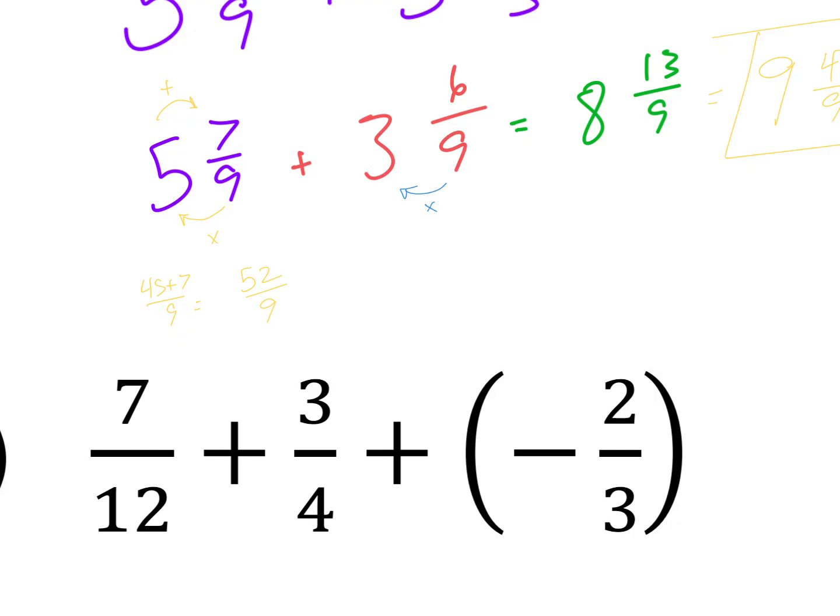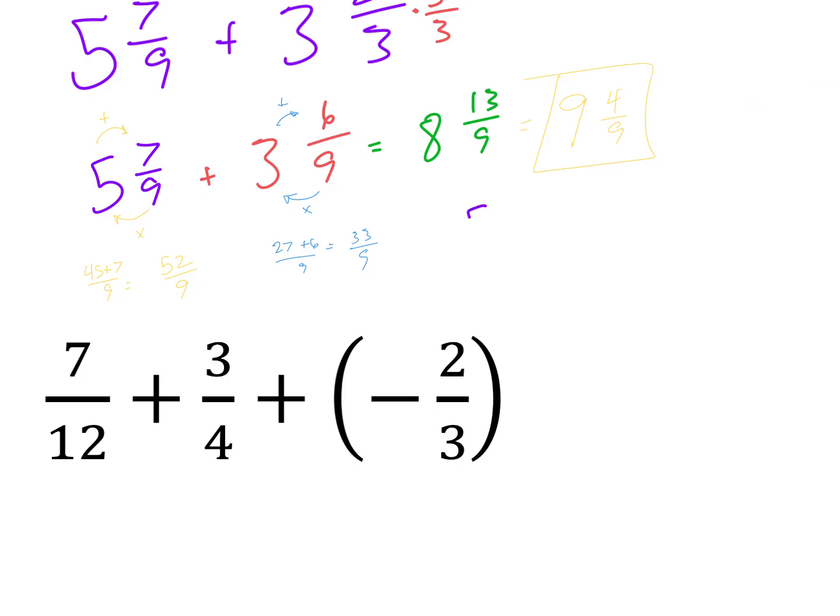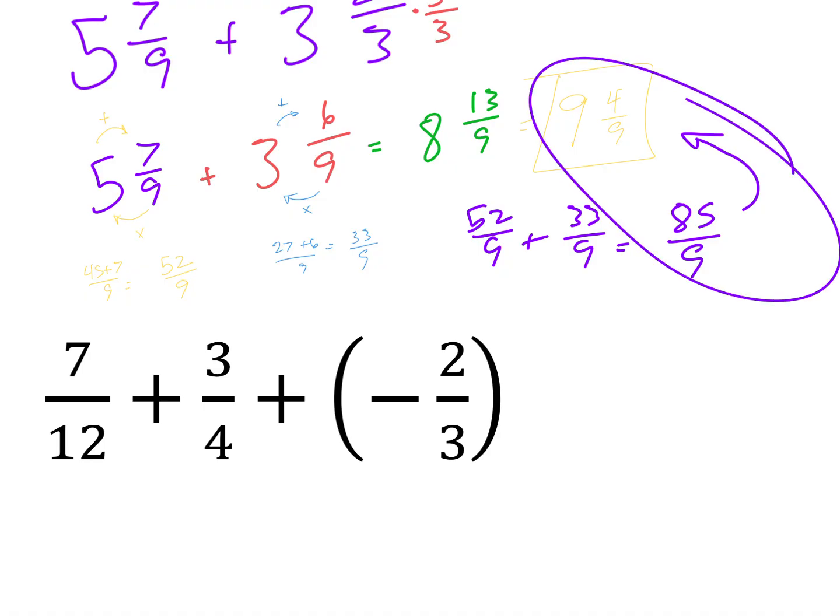We're going to multiply here, add here. 9 times 3 is 27 plus 6 is 33/9. And now you have 52/9 plus 33/9. That's 85/9, which, just by the way, is exactly 9 and 4/9. Okay?